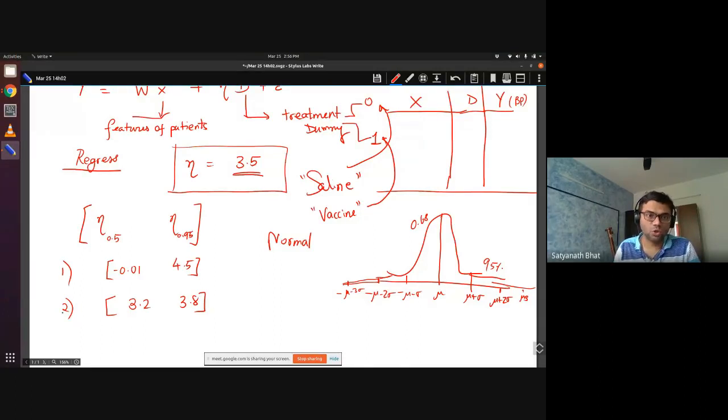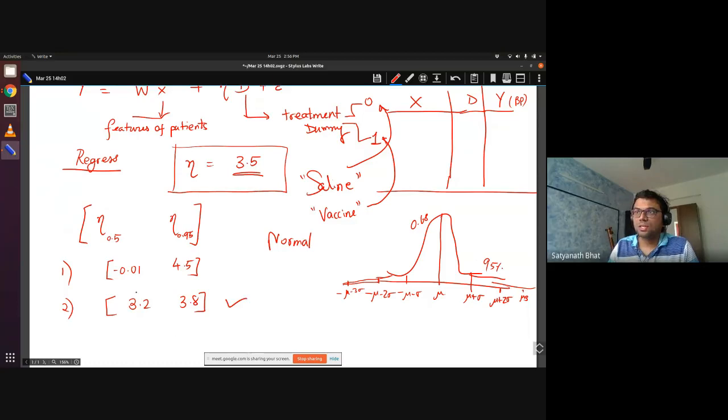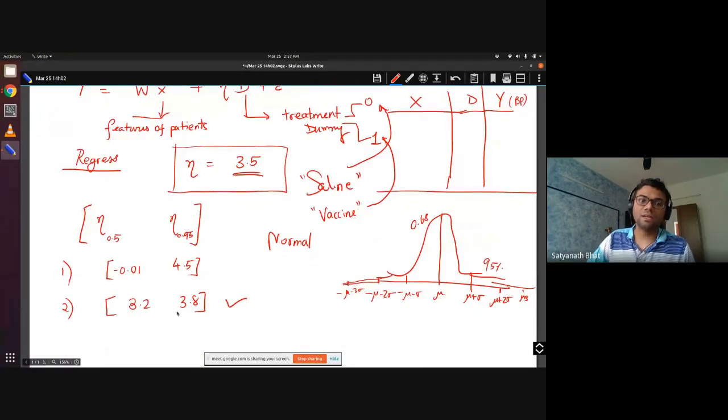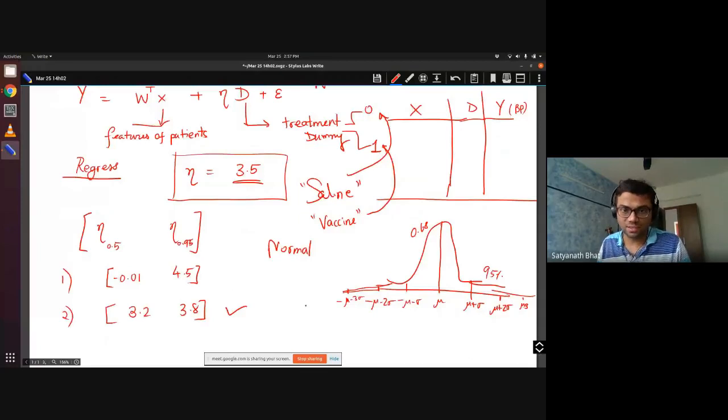Should you have 1 or should you have 2? 2 is better, right? Because if there is a 0 in this interval, that means for all you know, whatever you have got is a random phenomenon. Just because of some random thing, you have got 0, which means there is no effect of this treatment dummy. So having non-zero is what is important, and this is called statistical significance.